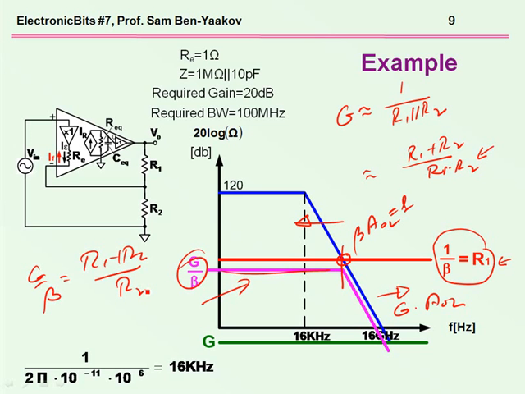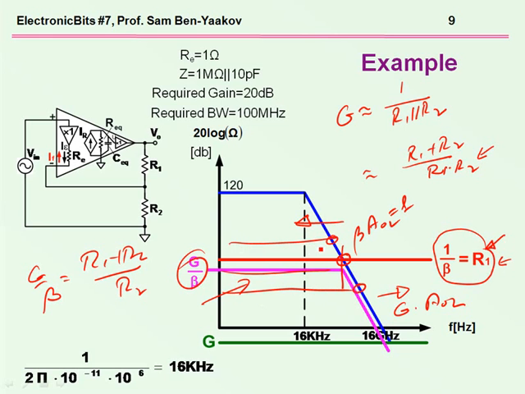So what's the difference here between this case and the case of the voltage feedback amplifier? Well, the difference is that we have an extra degree of freedom. We can choose R1 independent of R2. You can choose it to be any value. If you choose it a higher value or a lower value, we have a different crossover, and then we'll have a different bandwidth.